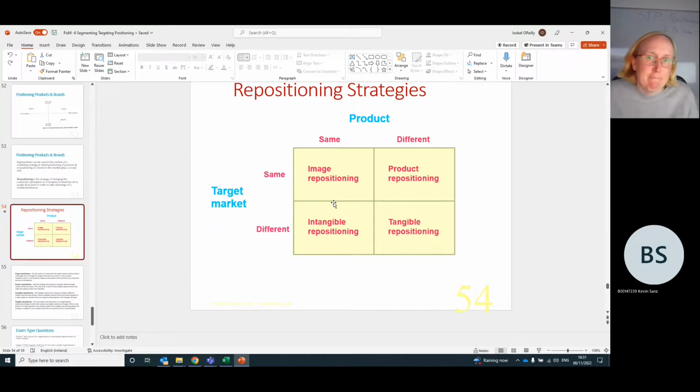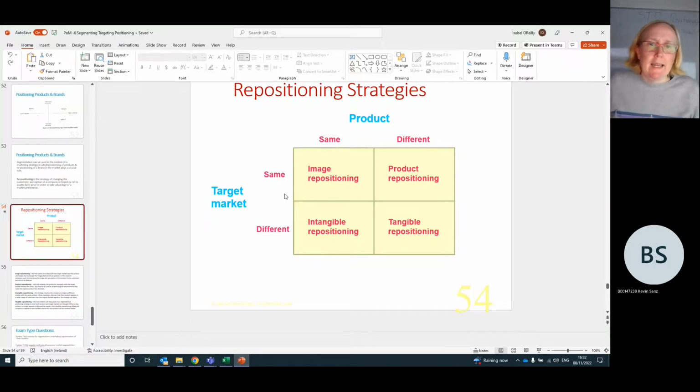simplistic kind of thing. So it's same or different on the horizontal axis in terms of the product. So we might be repositioning, but are we repositioning? Are we redesigning our products, our range, or are we still using the products, but we're doing something else?